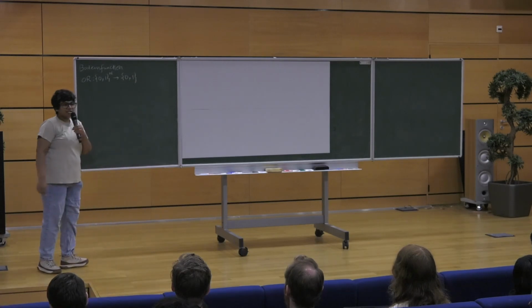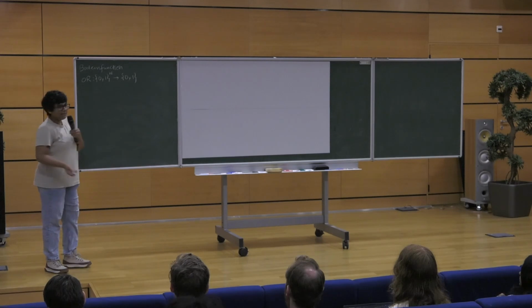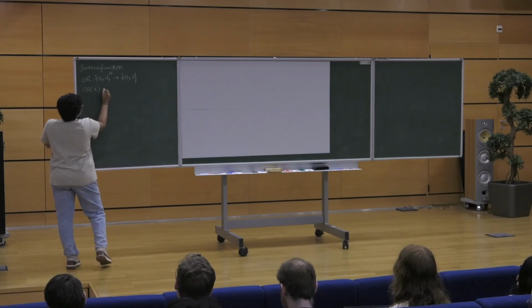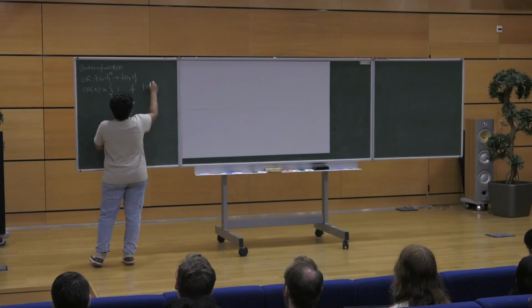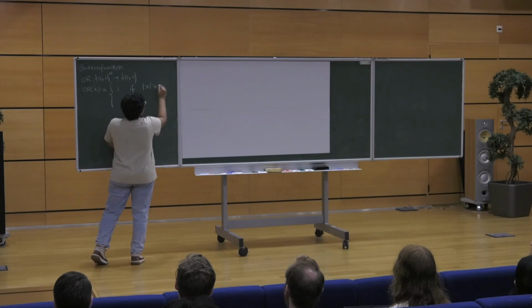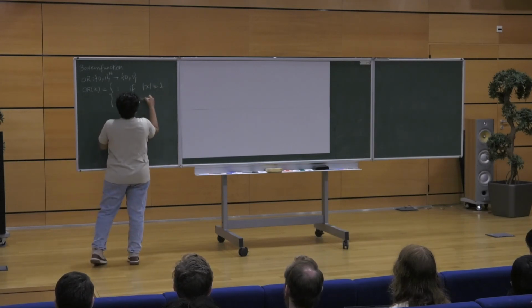So this function is defined on n input variables, and the output is a Boolean outcome. And the function is defined this way. So OR of x is equal to 1 if there exists some index in 1 to n such that x_i is 1, or this is the Hamming weight, greater than or equal to 1, and is 0 otherwise, right?